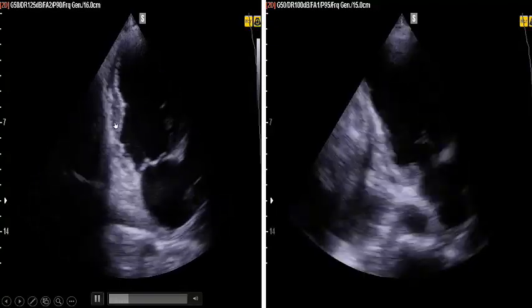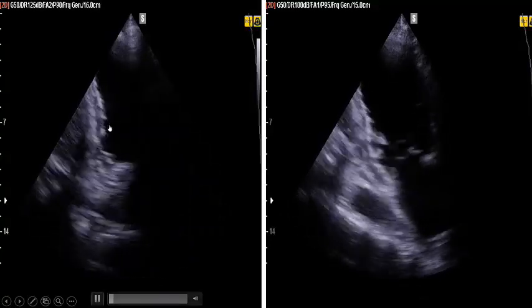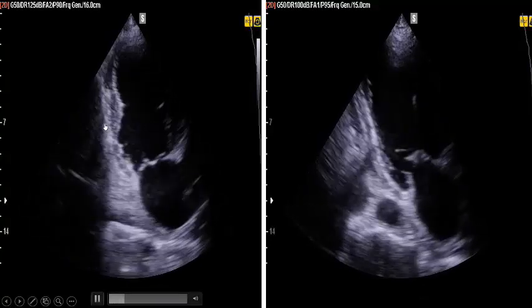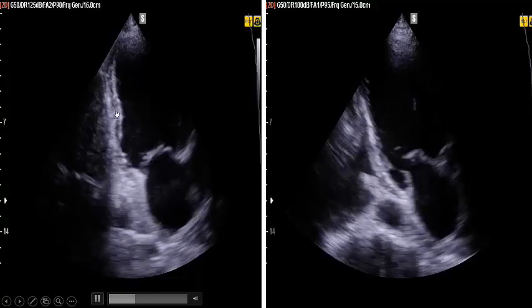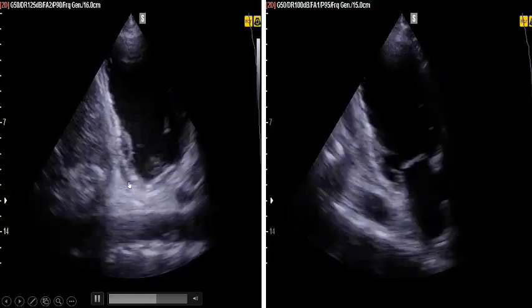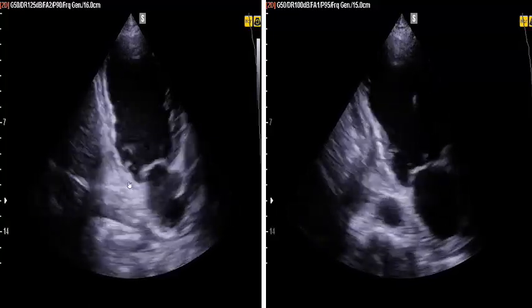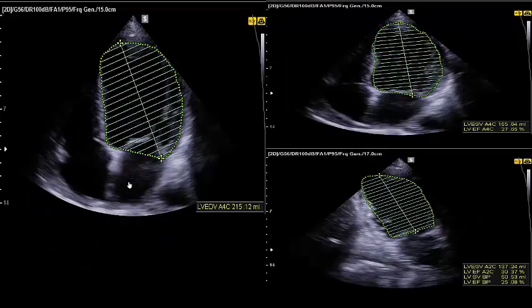Even the inferior wall starts to contract properly compared to this one. That means it is hibernating myocardium. This patient definitely has hibernating myocardium, which starts to improve with treatment.